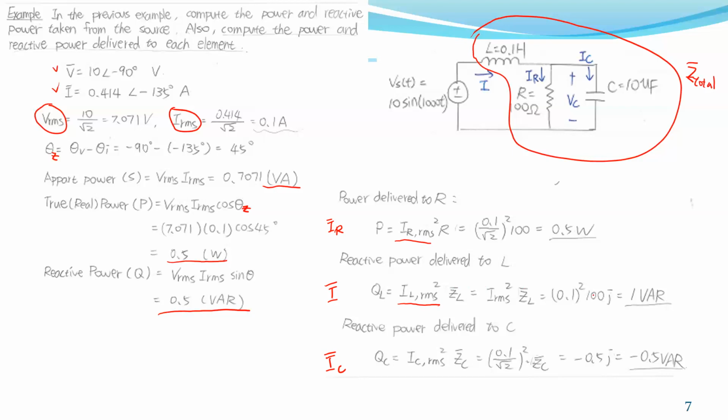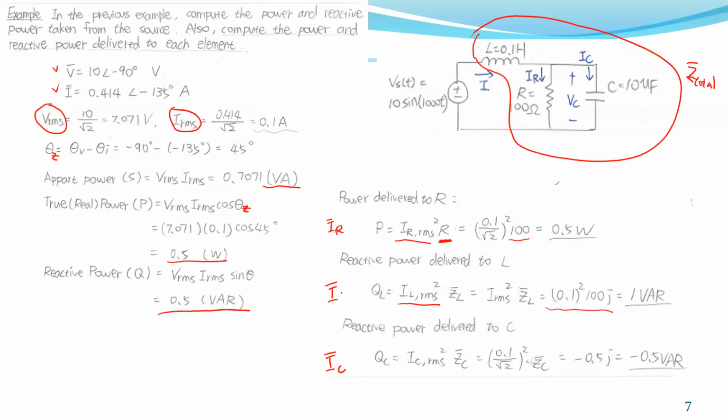To calculate the real power and reactive power: the real power delivered to the resistor is just IR RMS squared times R, which is 0.5 watts. The reactive power delivered to L is just IL RMS squared times ZL, a positive j number, which is 1 VAR.